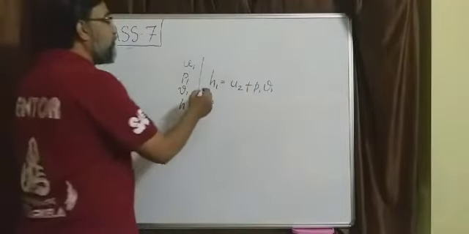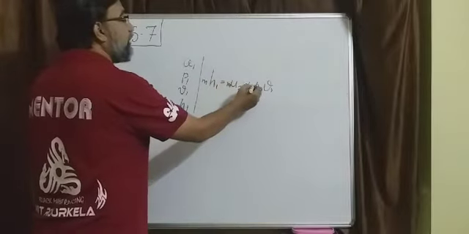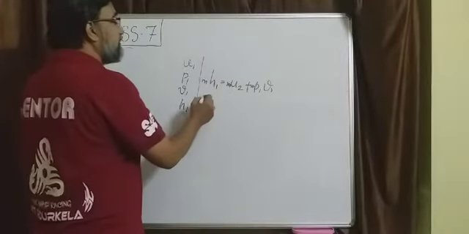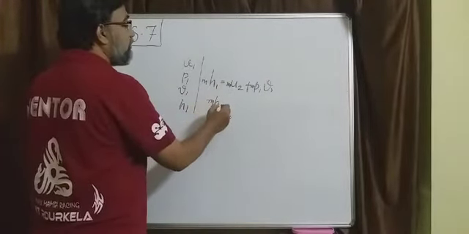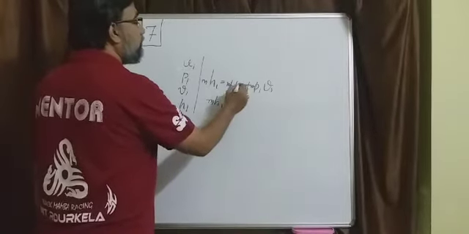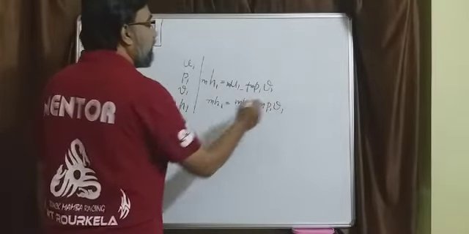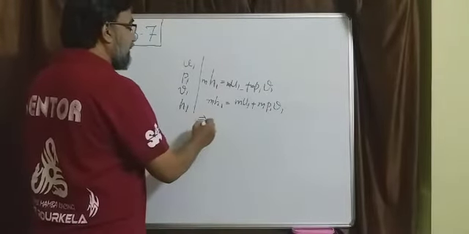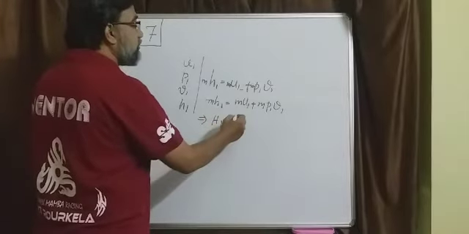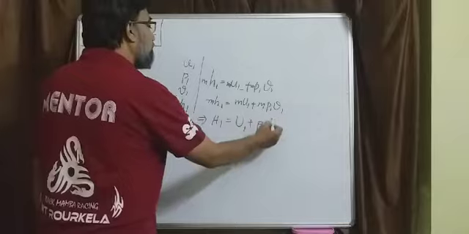Alright. If we multiply by mass, this is per unit mass. If we are taking m kg of gas, then it will be mH1 equal to mU1 plus mP1V1, like this. Or we can write it as capital H1 equal to capital U1 plus P1 V1.